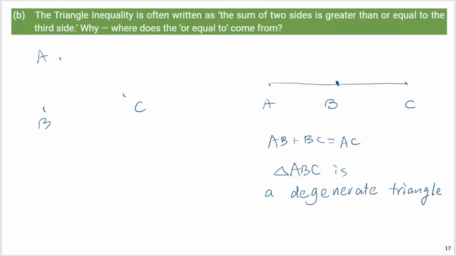But usually, the term triangle only refers to a non-degenerate triangle. Typically the term triangle only refers to the non-degenerate triangle, which is shown on the left side.